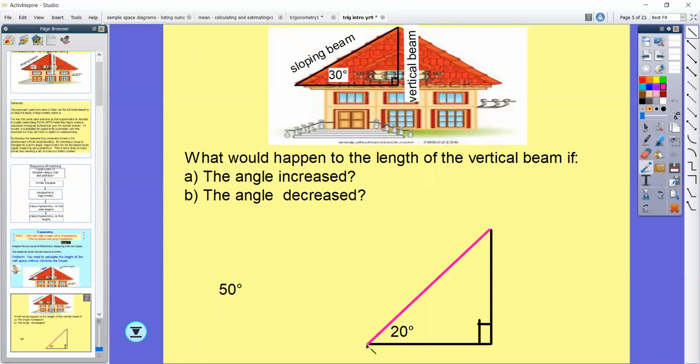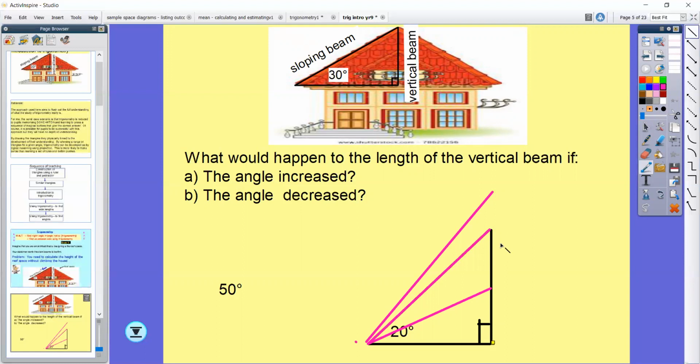So 20 degrees might be down to here. What's happened to the height now? Well, we can see the height has decreased, and if it's 50 degrees, the height of that upright vertical beam would have to increase. If you've got the tools to rotate on your software, then you should be able to use that. As I said before, this version that I've got here doesn't allow me to do that every time.